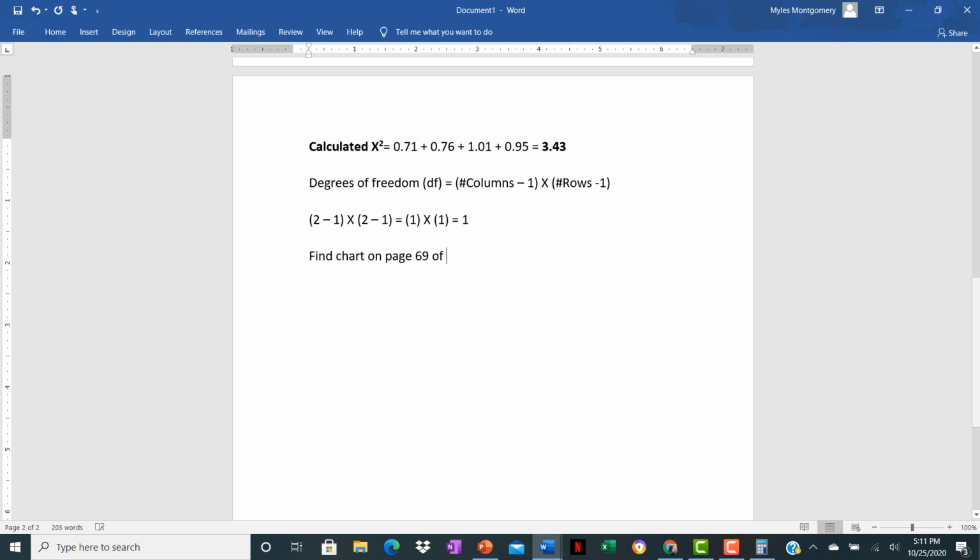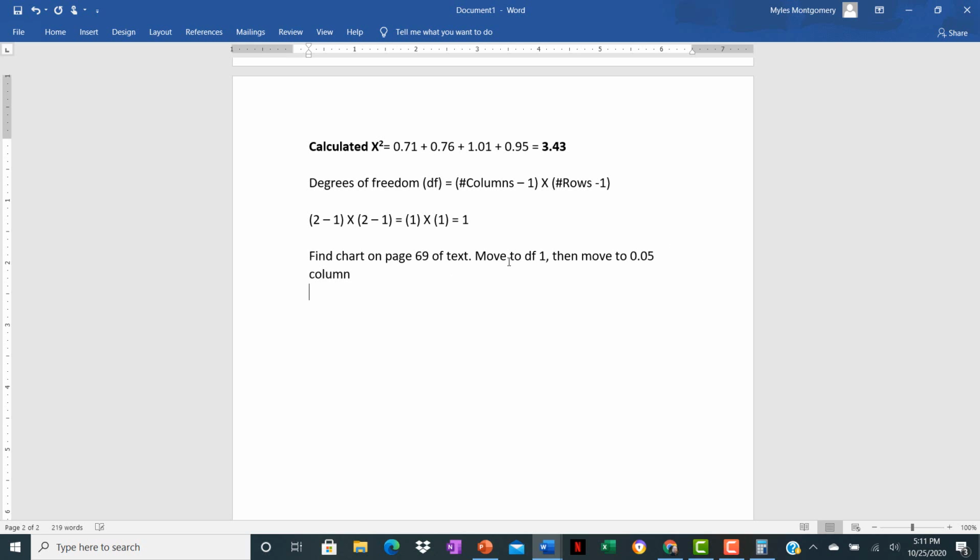When we're talking about what to do next, find the chart on page 69 of our text. We have a degree of freedom of 1. Move your finger down to DF 1, then move to the 0.05 column. Why? Because that's the APA default.